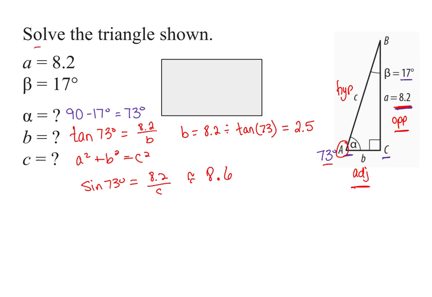It says solve the triangle. You should have all three angle measures and all three side length measures. Typically when I solve them, I'll actually write it out. I'll say angle A, angle B, angle C, and then side length A, side length B, and side length C. I will fill in what they gave me.